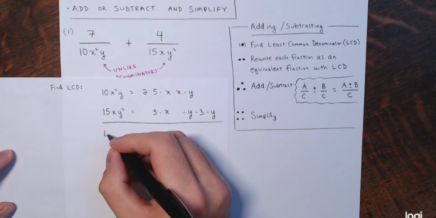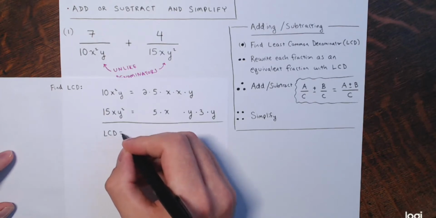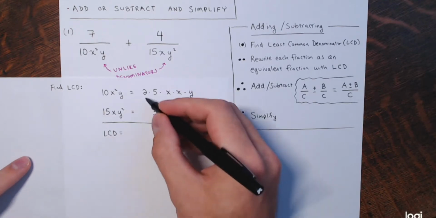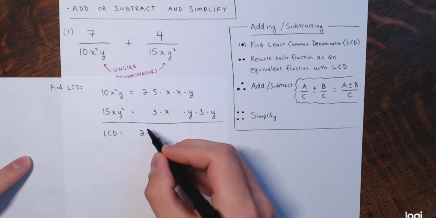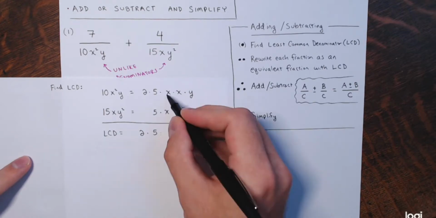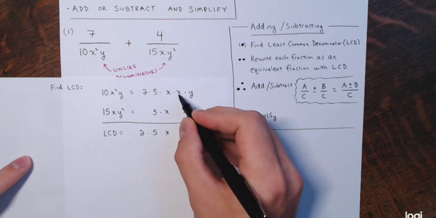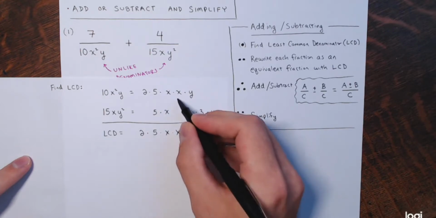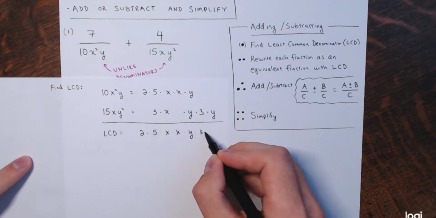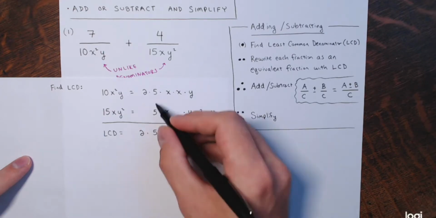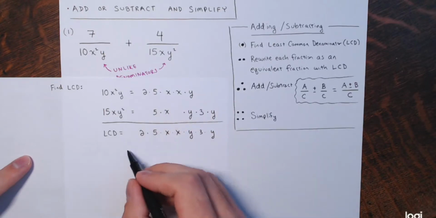And then for the LCD I simply write the factors that are in these columns down here. The LCD is 2 times 5 times x times y times 3 times y. Just writing the factors that appear in these columns down here.